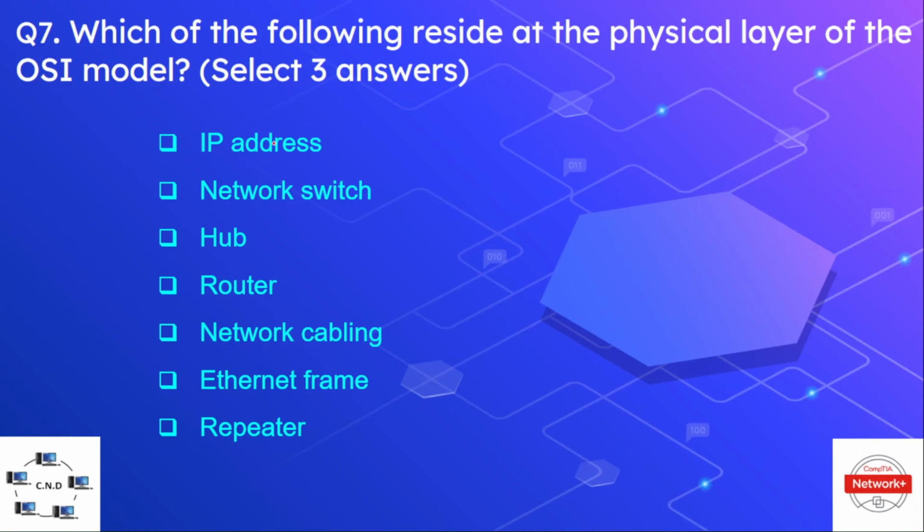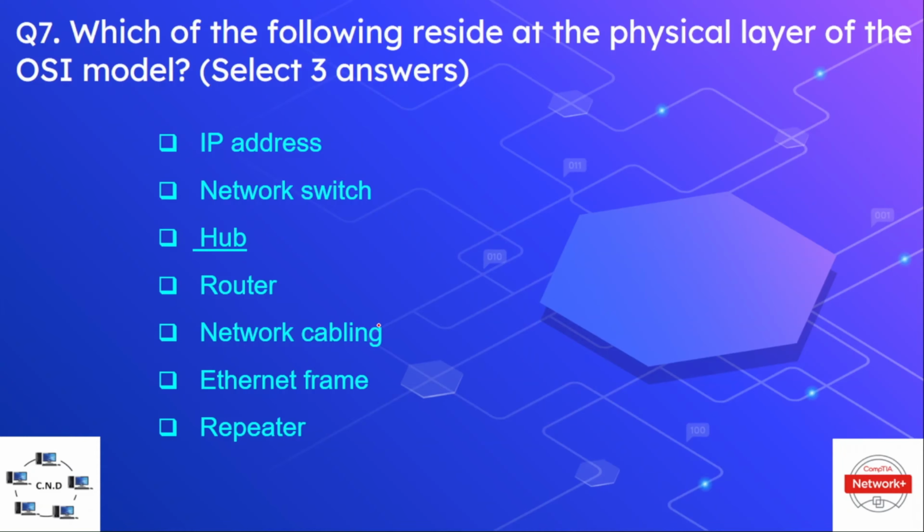And the options are IP address, network switch, hub, router, network cabling, Ethernet frame, and repeater. And the correct options are, so we are talking about the physical layer. So the devices or the components that reside on the physical layer are hub.